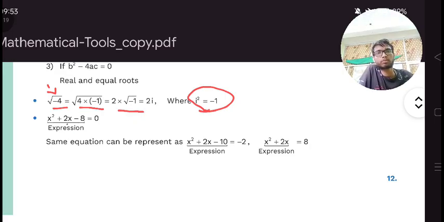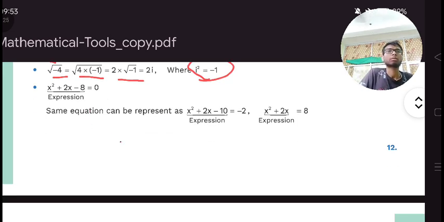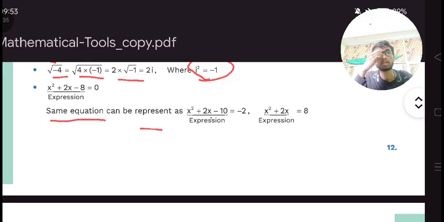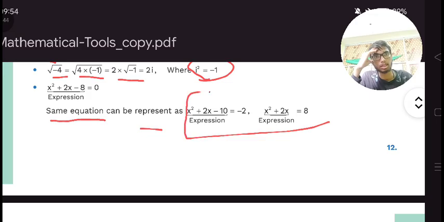Next, x square plus 2x minus 8 is equal to 0. This is the expression. The same equation can be represented as x square plus 2x minus 10 is equal to minus 2, or x square plus 2x is equal to 8. Both are the same. Nothing is changed.